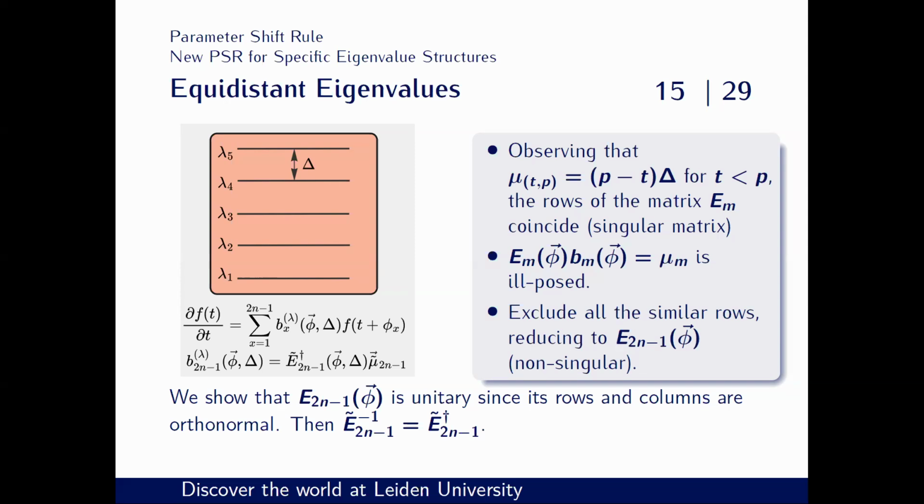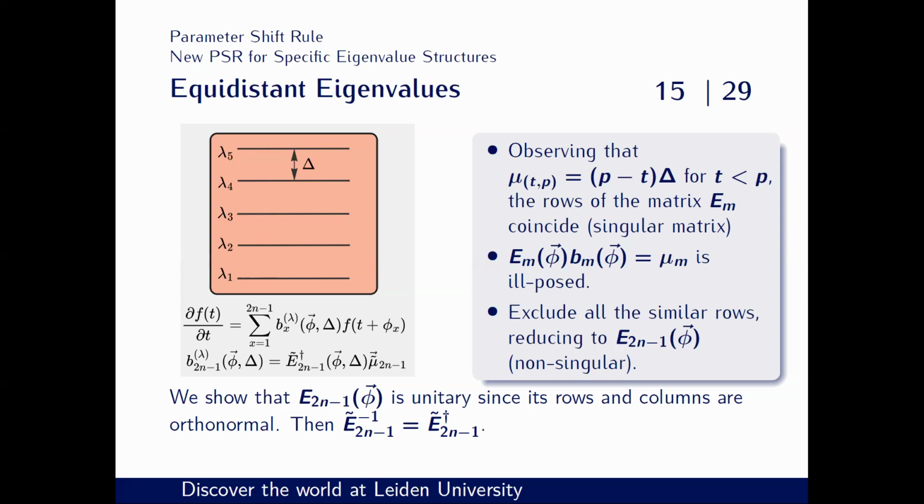So what we can do is exclude all the similar rows and decrease the size of the problem to 2n minus 1 unique distances. This matrix is smaller in size, but it's not singular. So now we can solve this problem because it's becoming well-posed.